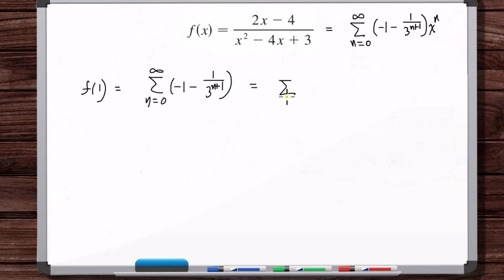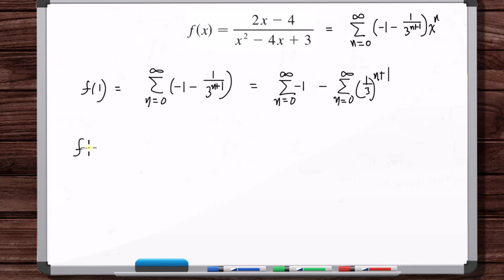Well, we can separate this into 2 separate series. This one is geometric, so convergent, but this one is divergent. So the whole thing is divergent.